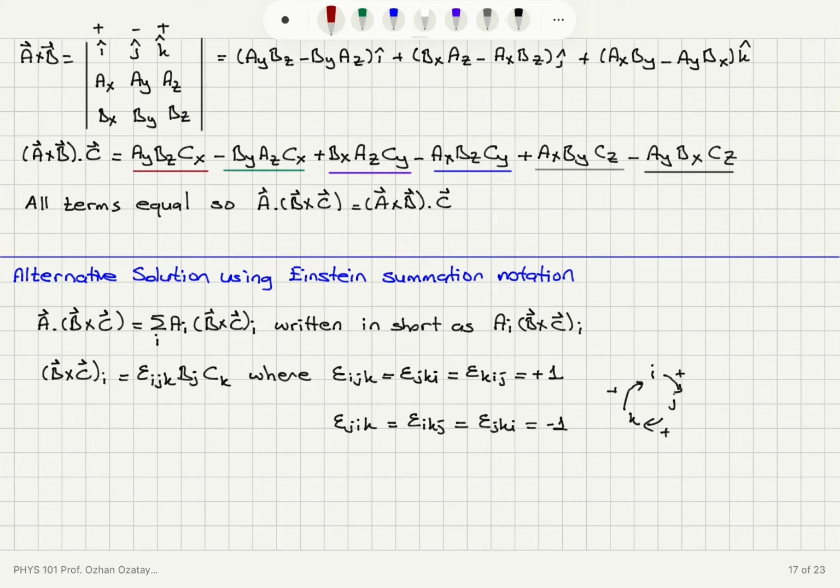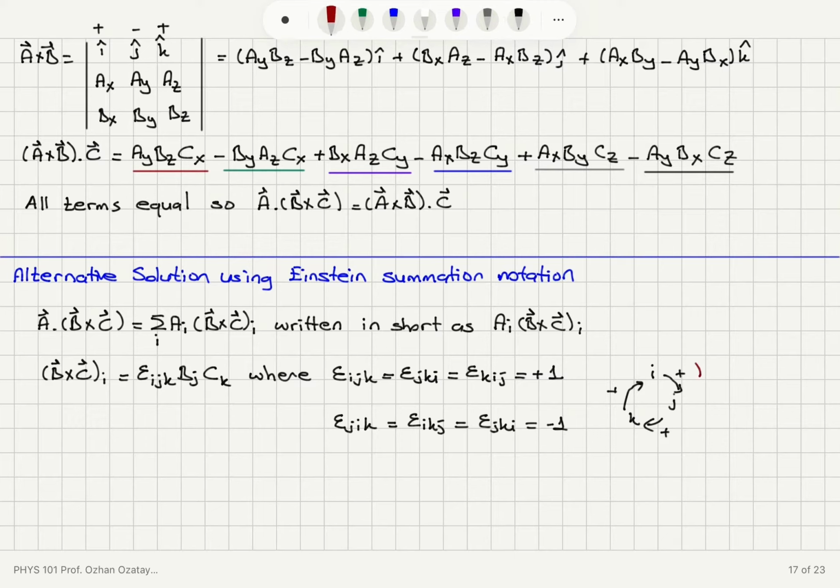If we go in the opposite direction, if we go from j to i to k, jik, or if you go from i to k to j, so this is epsilon kji, k to j to i.